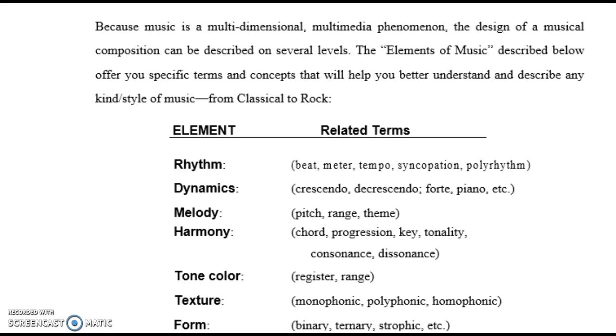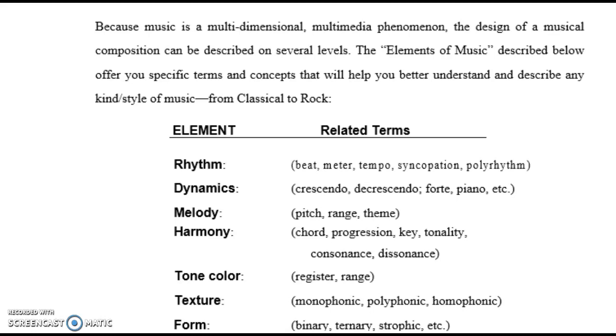The melody describes the pitch of the melody, the range of the melody from high to low, and the theme. The harmony is the chords, the progression of the chords, the key that I'm in, the tonality, whether it's atonal, polytonal, whether it's major or minor, the consonances and the dissonances of the harmony.